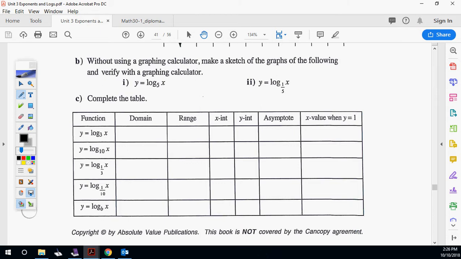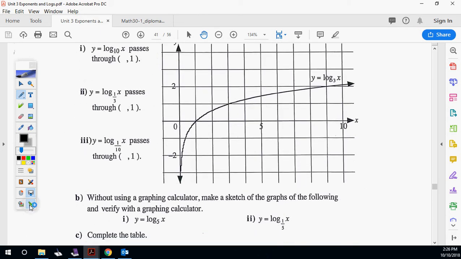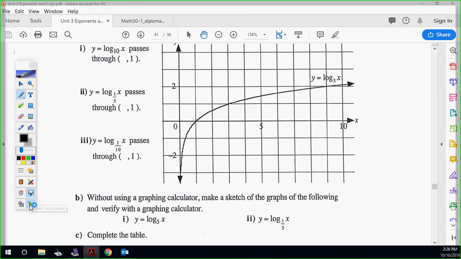So actually, let's just go ahead and do these real quick. If I do log base 5 of x, I'll just put it on the same grid here. Again, these are both going to pass through here. Okay, let's switch the color a little bit. So if I write log base 5 of x, when x is 1, y is 1.